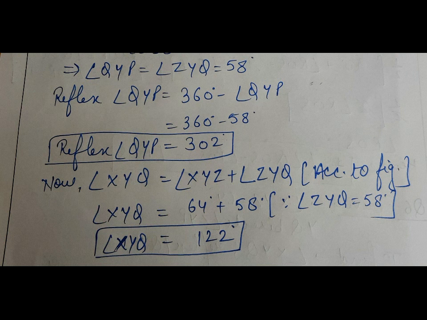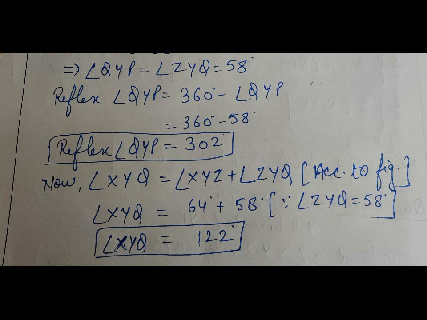Now the reflex of angle QYP we have to find here. So what I have done, I have just subtracted angle QYP from 360. That means the reflex of angle QYP can be written as 360 minus angle QYP. Now after solving it, we will get the reflex of angle QYP as 302 degrees. Then angle XYQ we have to find.